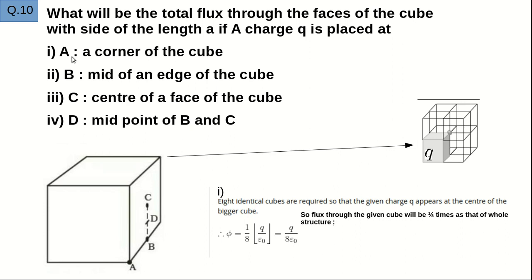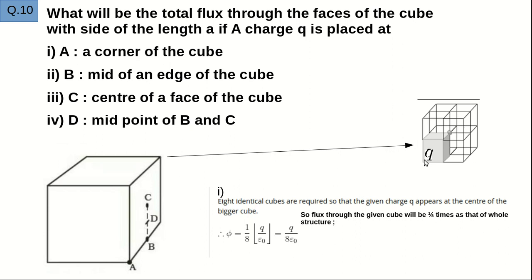The first case is the charge placed at the corner of the cube. Here, if you place the charge at any of the corners, you can consider eight identical cubes required to enclose the charge q.